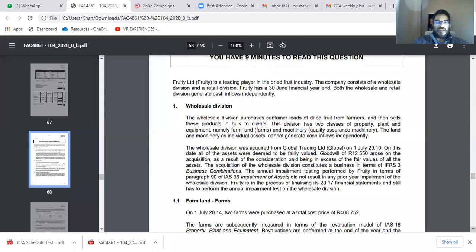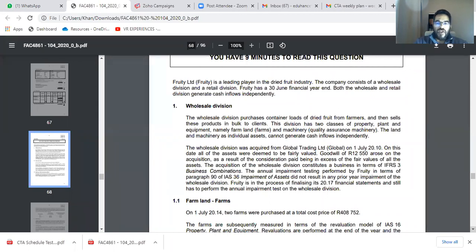Next paragraph, still under point 1. The wholesale division was acquired from Global Trading Ltd on 1 July 2010. On this date, all of the assets were deemed to be fairly valued. Goodwill of 12,550 arose on the acquisition as a result of the consideration paid being in excess of the fair value of all the assets.